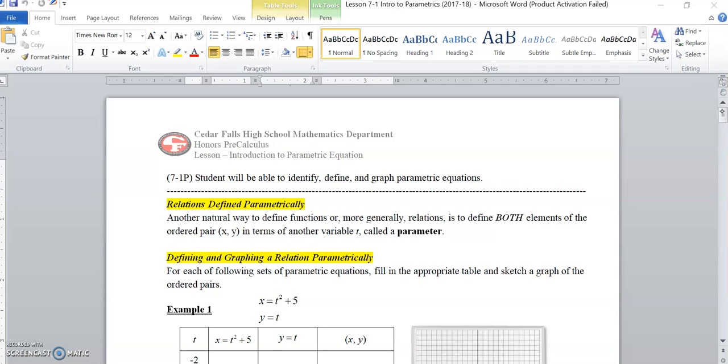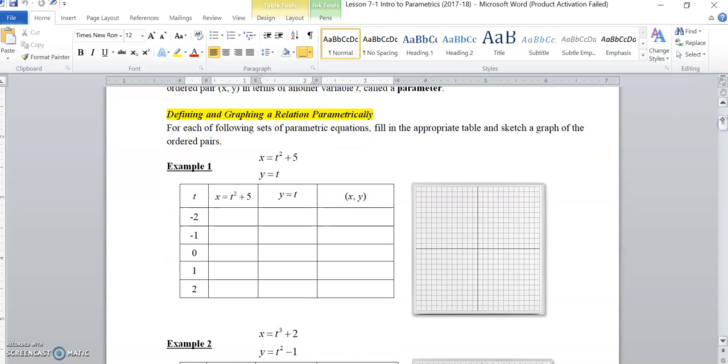In the same regard, the height of the object, let's say you throw a ball, is changing, but it's also changing with respect to that same variable, time. So from a real life perspective, we would want to know the position in the x direction is dependent on t, and so is the y position. Its position is with respect to t.